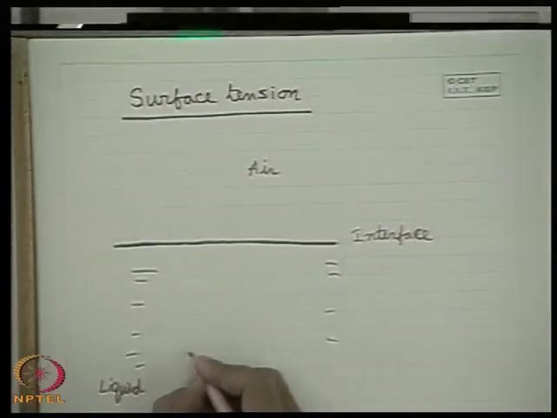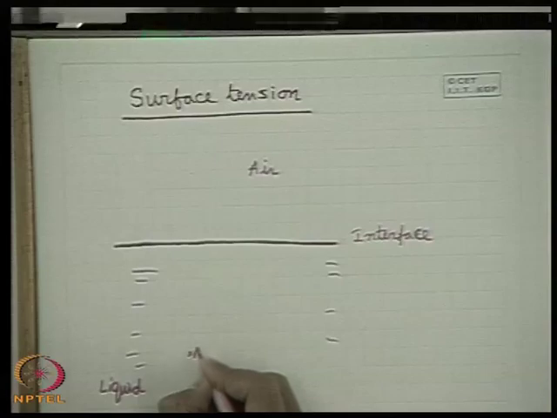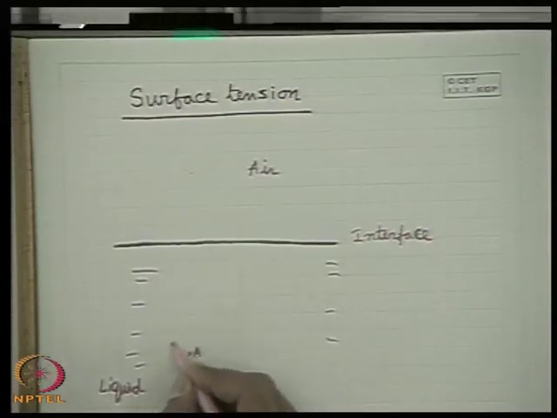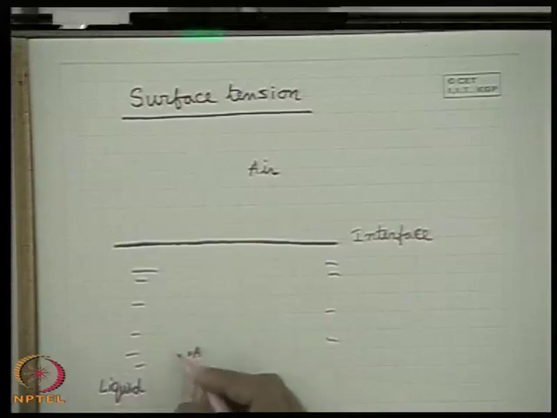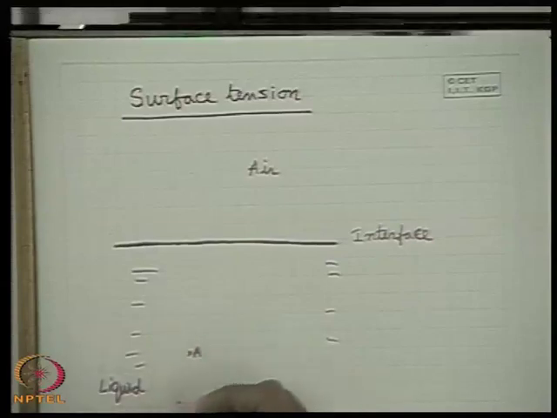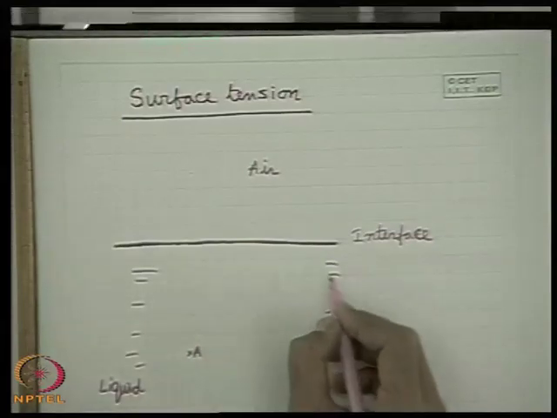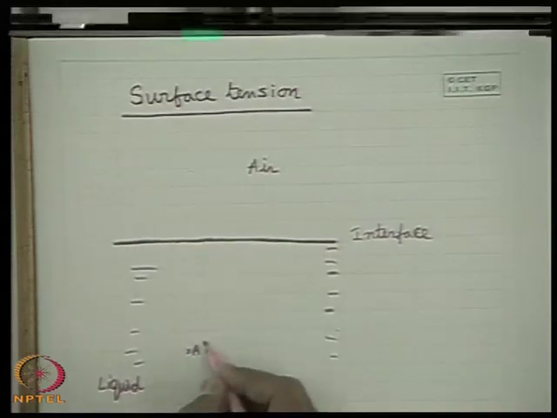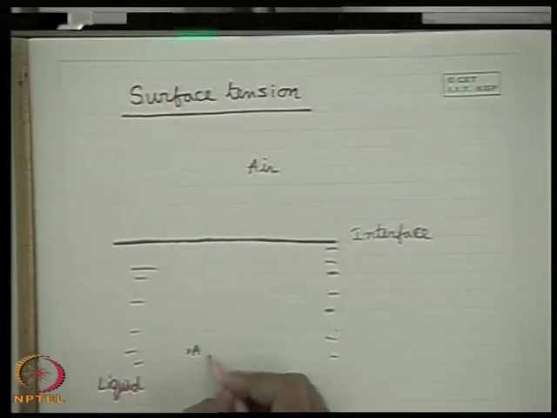Now, what happens? A molecule A inside this liquid is attracted by the intermolecular cohesive forces from the molecules surrounding it, which are in random motion. From the kinetic theory of matter, the average attractive force over time is the same in all directions.